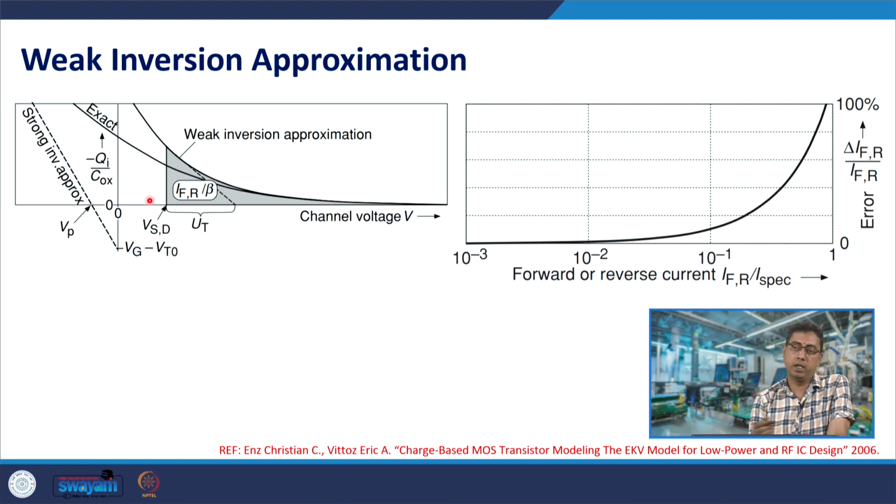But if we use the entire expression that 2 Qi plus natural logarithm of Qi is (Vp minus V), then you get this more realistic picture. So, for very small values of V, this would merge with the strong inversion approximation. For large values of V, for a given gate voltage, it would merge with the weak inversion approximation.